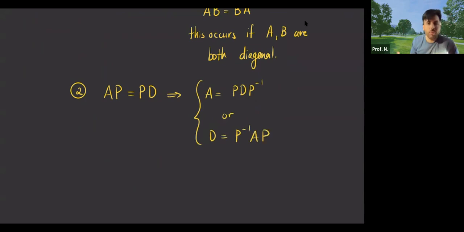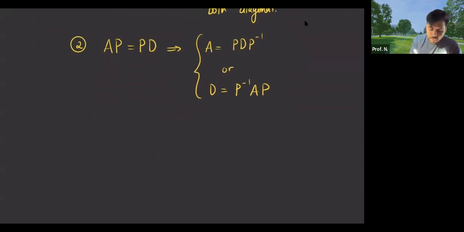Those are the two different ways to express it. If this is true, then these two equations are true. But I want to clarify why this is true. This is coming from the fact that A v_i equals lambda_i v_i, for i equals 1, 2, all the way to n.